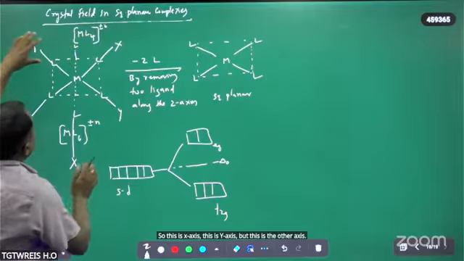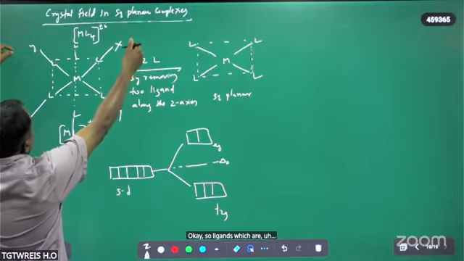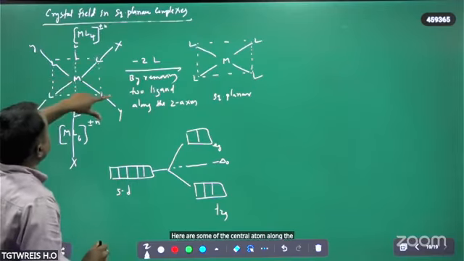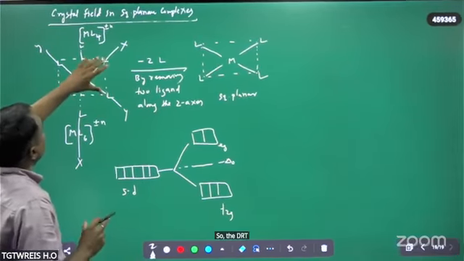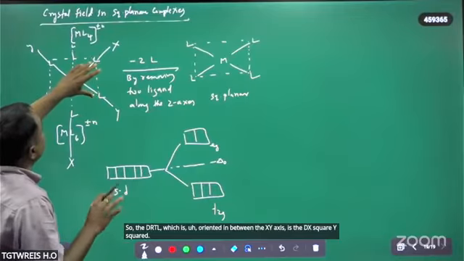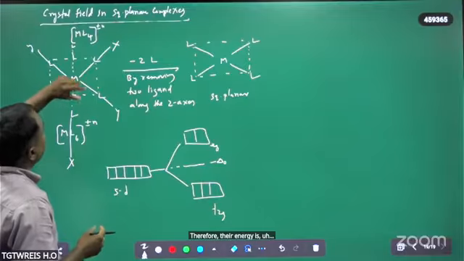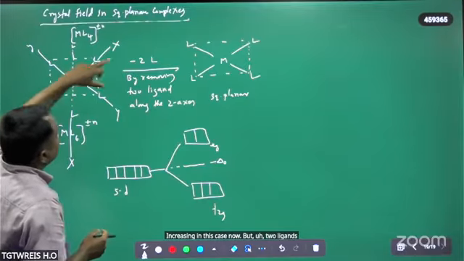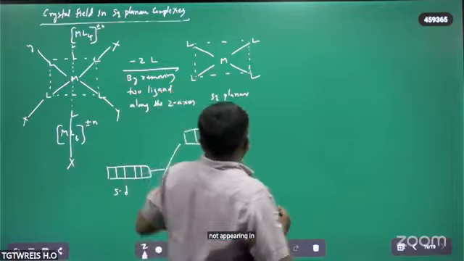Ligands approach the d orbitals of the central atom along the xy axis. So the d orbital which is oriented along the xy axes is dx square minus y square. Therefore, its energy is increasing in this case. But 2 ligands are not present in the square planar geometry.